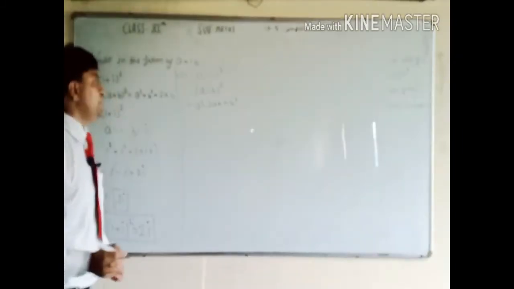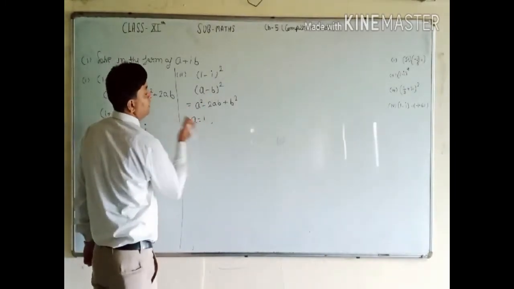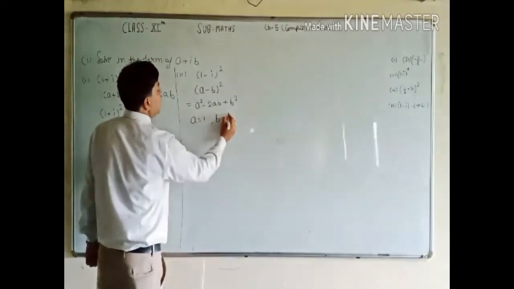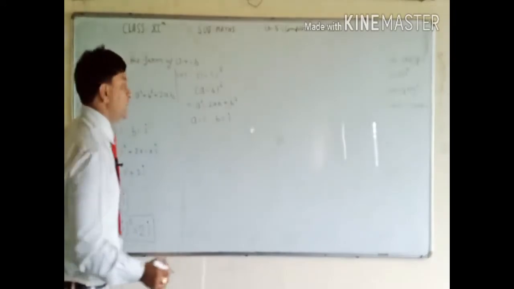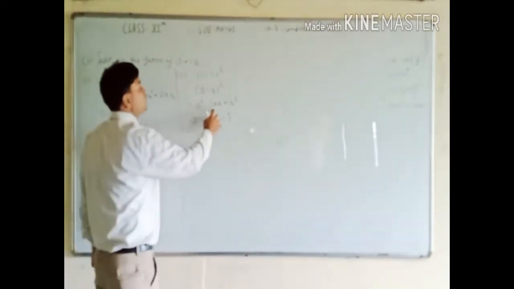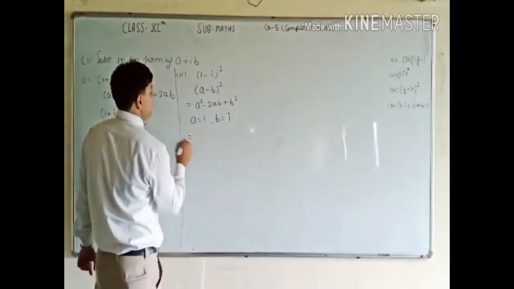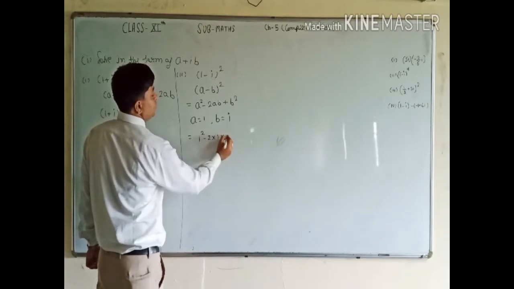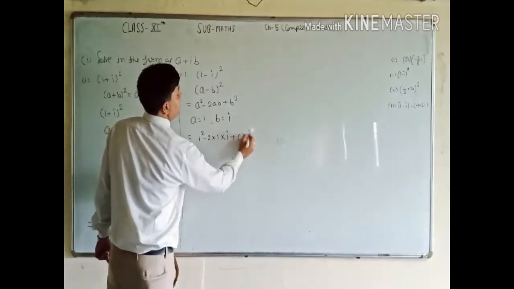We know that a is equal to 1 and b is equal to iota. So the change form is 1 square minus 2 into 1 into iota plus iota square.